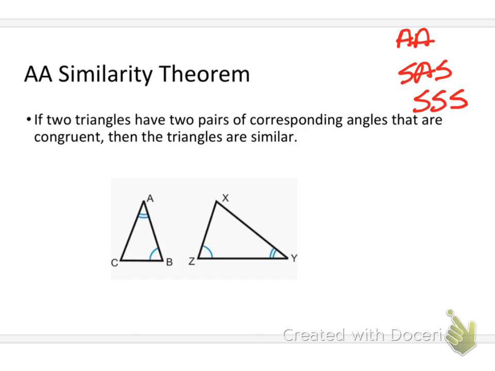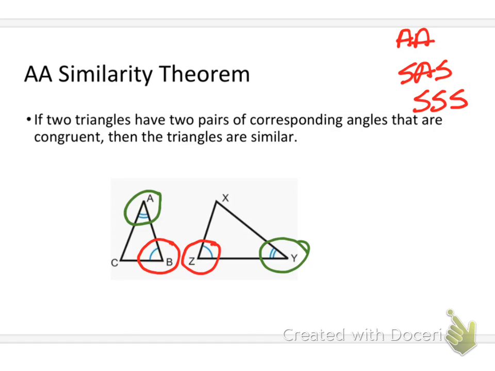In this case, I see that angle B equals angle Z, and I also see that angle A equals angle Y. Because I have 2 pairs of corresponding angles, I know that I actually have 3 equal angles because the sum of the angles inside a triangle must be 180.